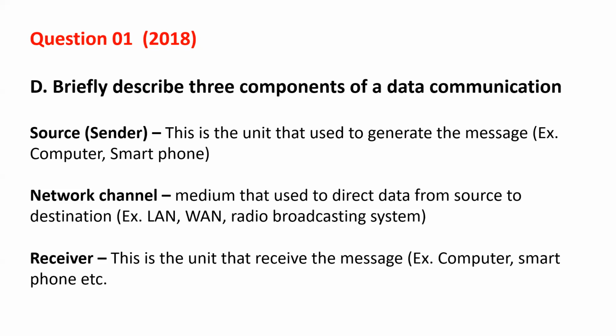Source, okay. Sender, that's the place where the message is generated. Network channel is the medium that the message goes through. It may be a type of network; within brackets, say LAN, WAN, like that. The receiver is the unit that receives the message.